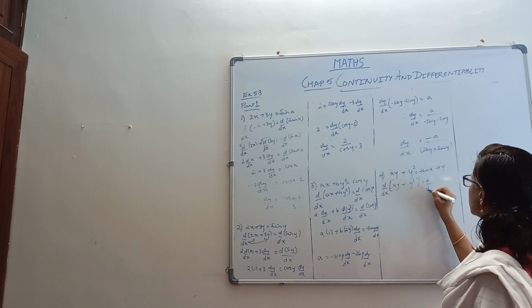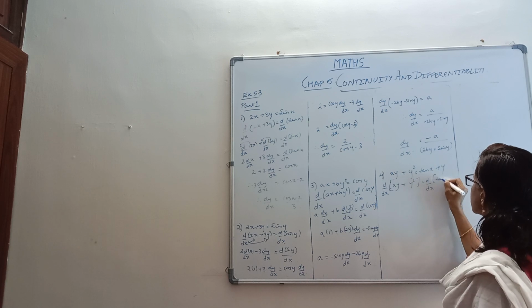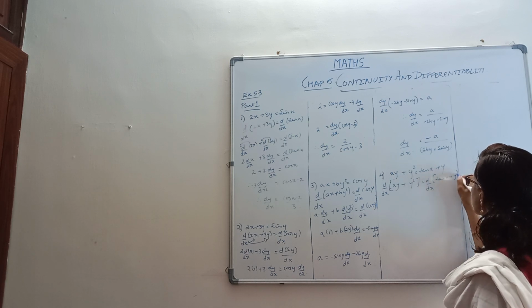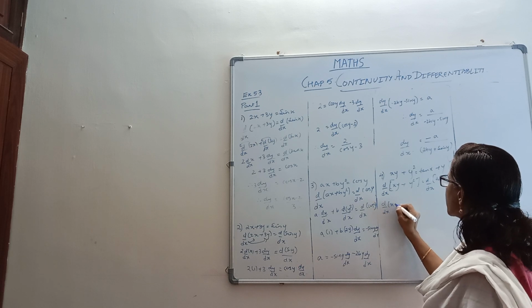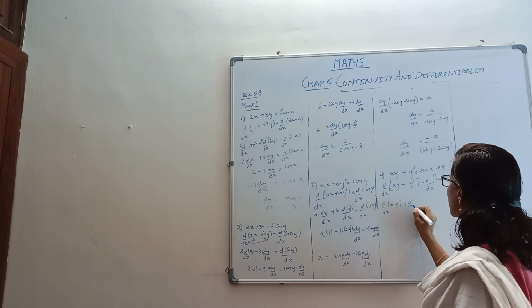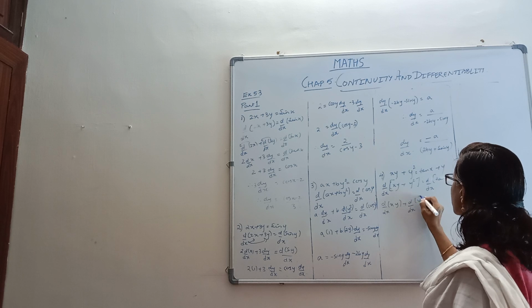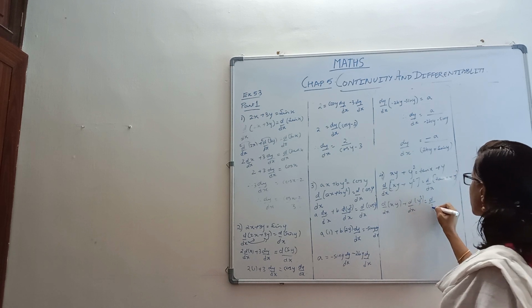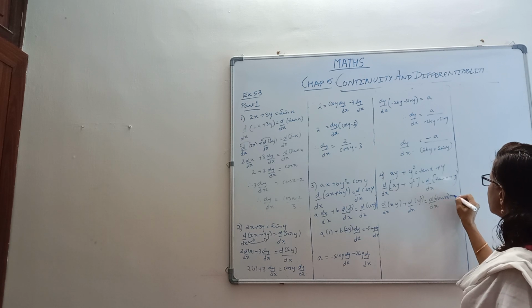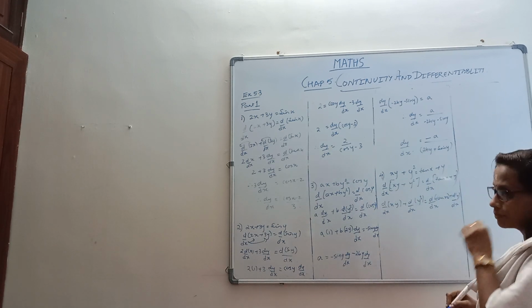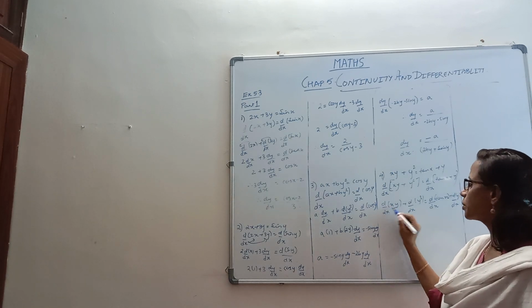So this is d by dx of xy, then d by dx of y squared, then d by dx of tan x and d by dx of y.